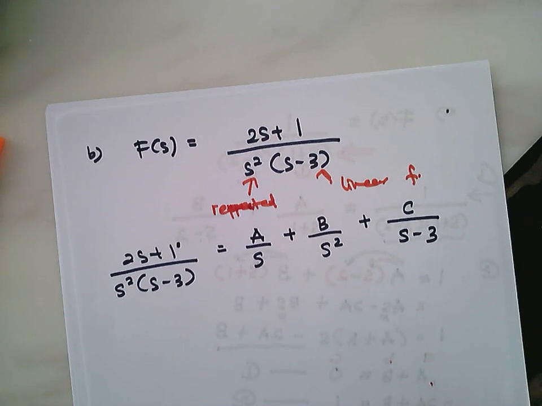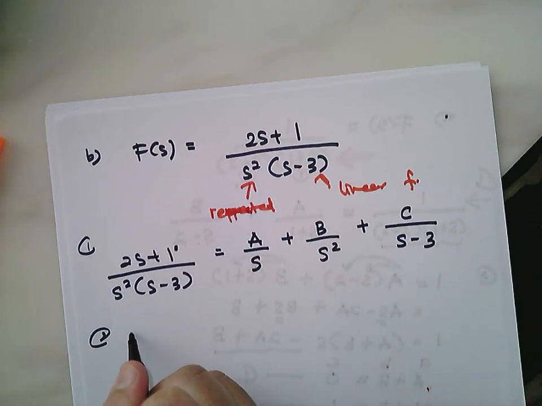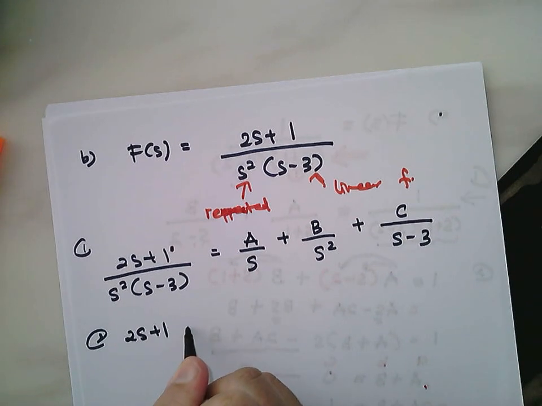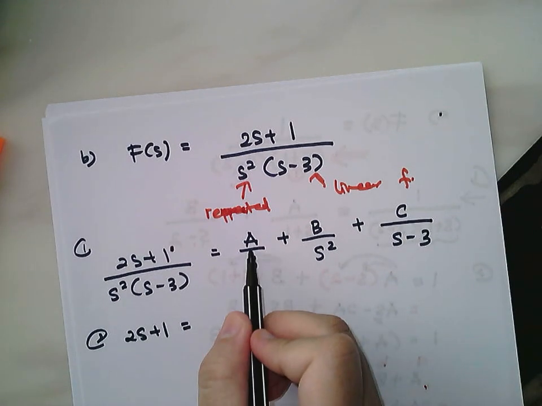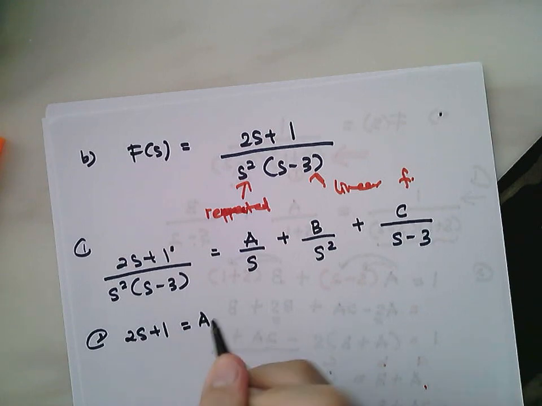So the next step is for you to get the values of a, b and c. For that, we need to compare the left hand side with the right hand side, for the numerator part. So you have 2s plus 1 is equal to, the first one is a. Take a look at the denominator here.